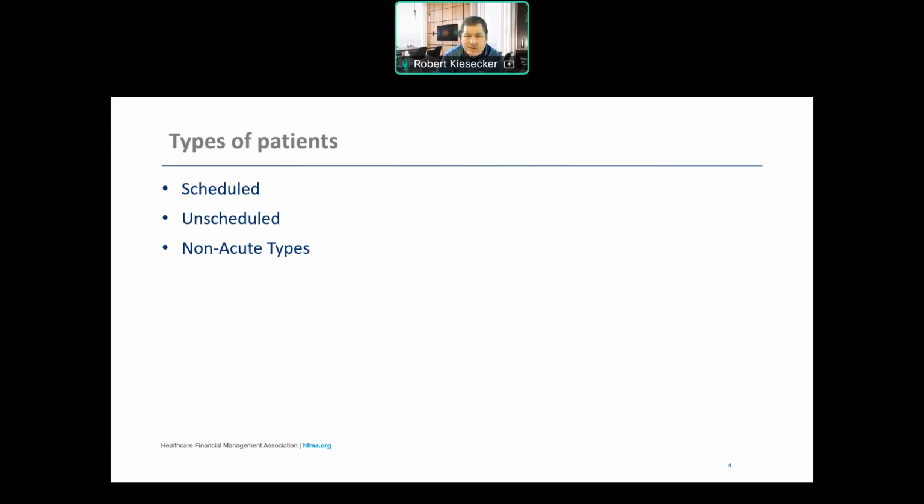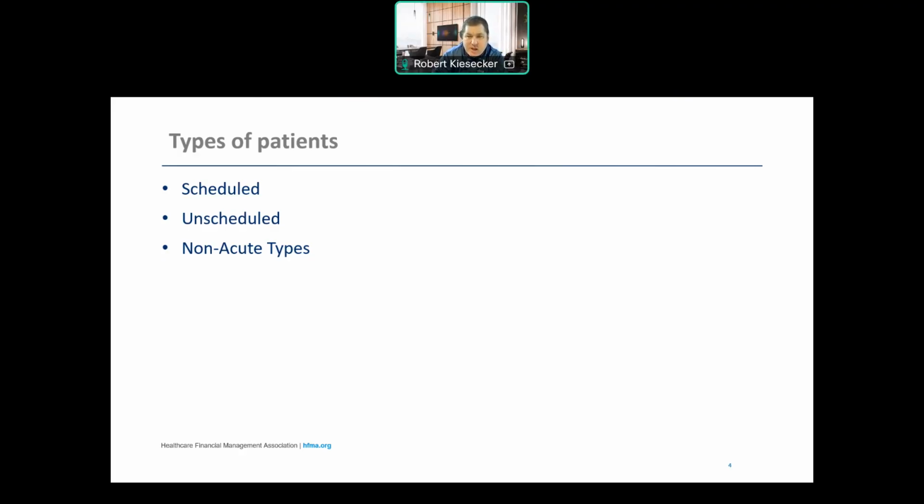We might be able to collect some of that initial documentation, consent to treat, maybe some past family social history. We can direct them to additional resources online to complete any copays or co-insurances. So scheduled patients are a very powerful thing when they're leveraged correctly.